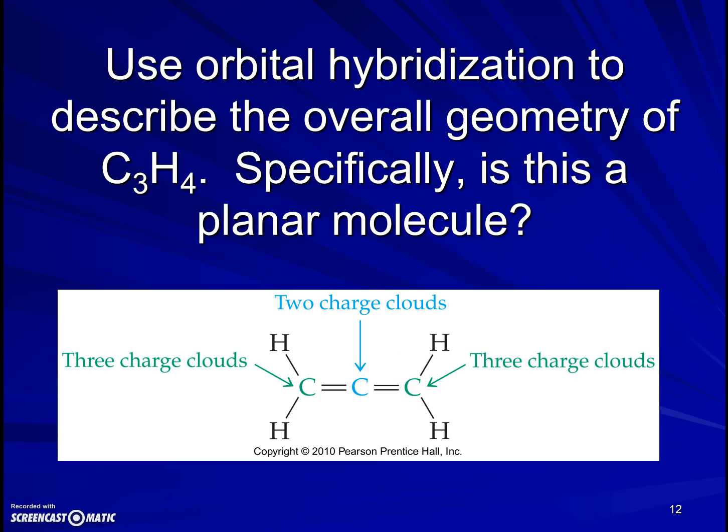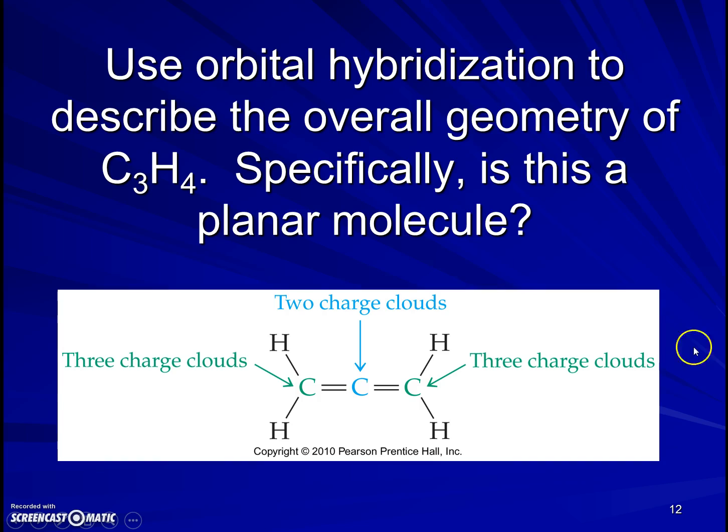Now that brings up an interesting question. If we think about this particular molecule here, C3H4, where the central carbon is sp hybridized and the 2 outer carbons are sp2 hybridized, we get double bonds between each carbon, and then the outer carbons each have 2 hydrogens.